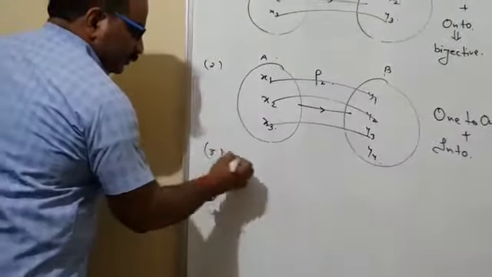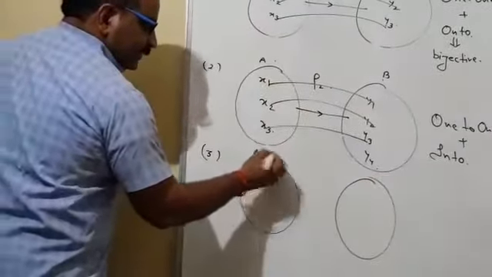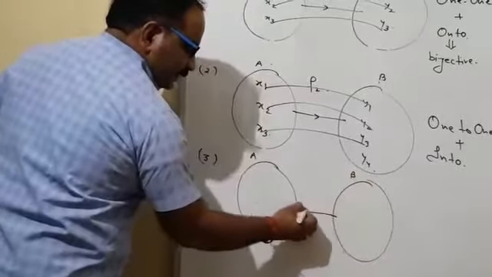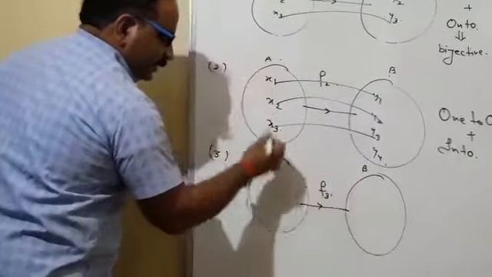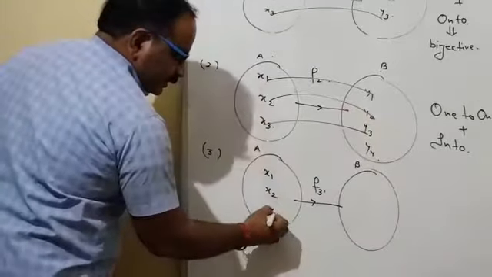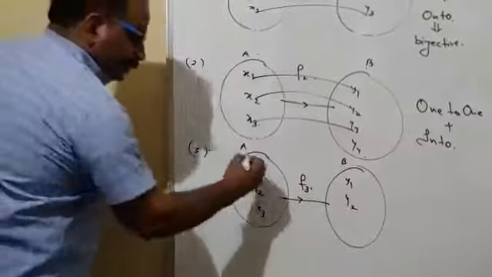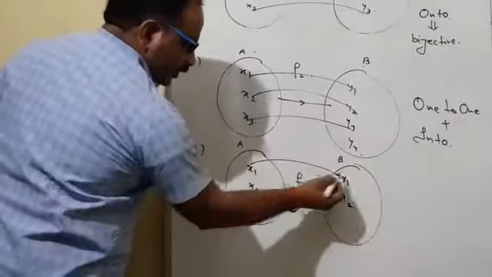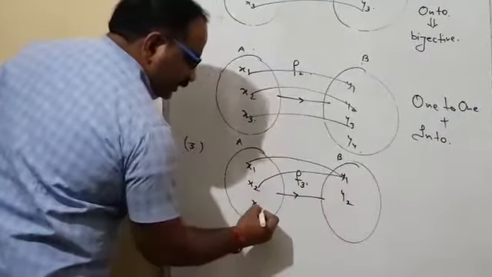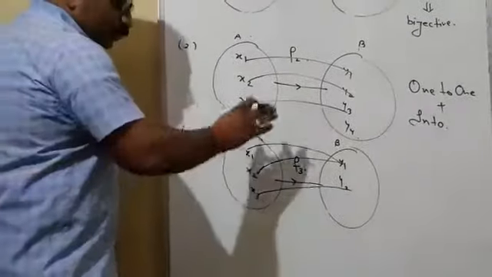Now the third one: it is A, it is B, here is the function f3. Elements are x1, x2 and x3, and elements y1, y2. Now x1 and x2 come to y1, x3 comes to y2. The definition of function holds as well.